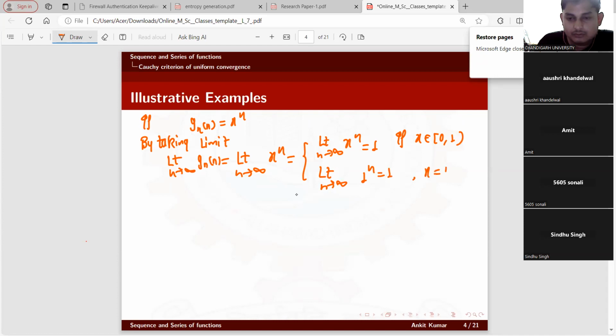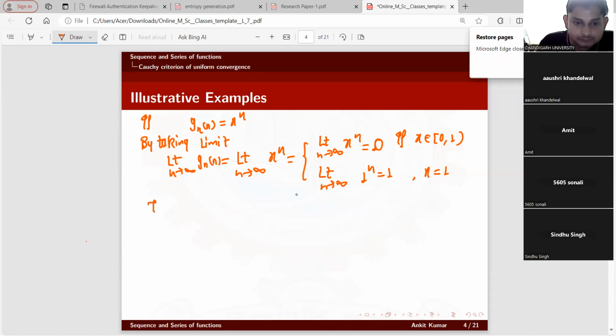If x is less than 1, then the limit is 0.